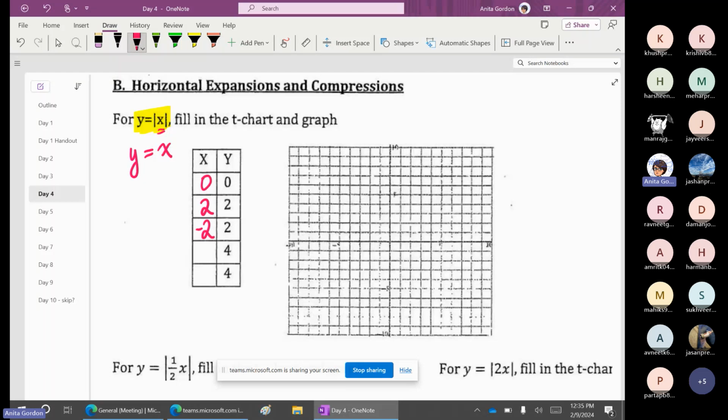So there's multiple options. Okay, and so if y is 4, x is also 4 or -4. All right, so we're looking for a V shape. 0, 0, 2, 2, 4, 4. Negative V shape.